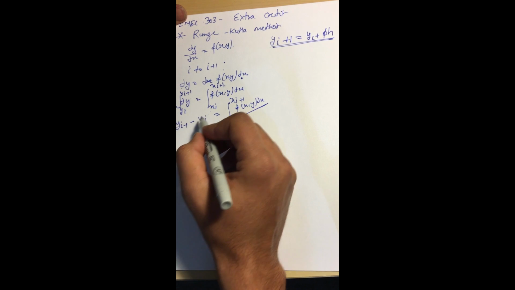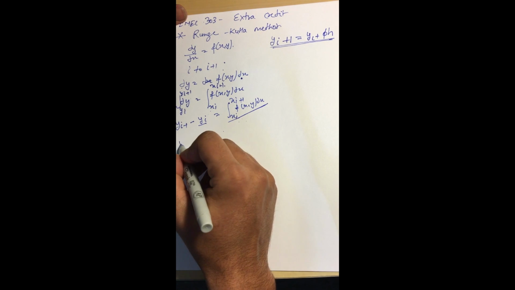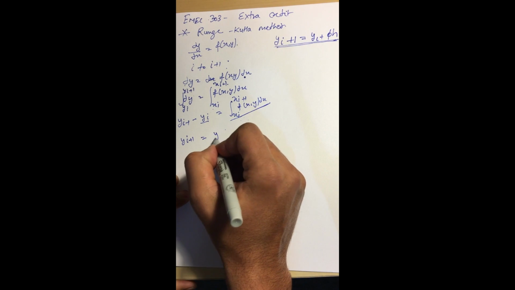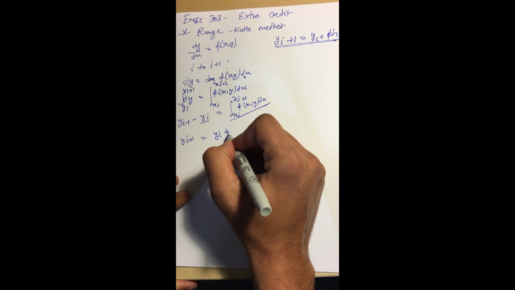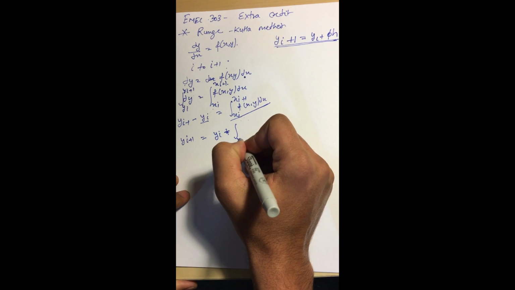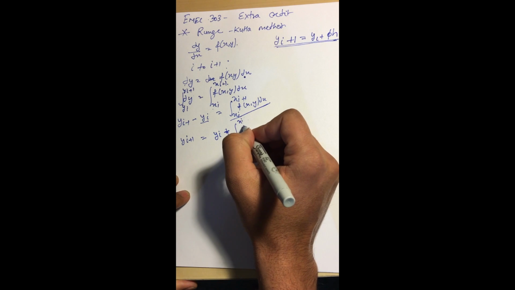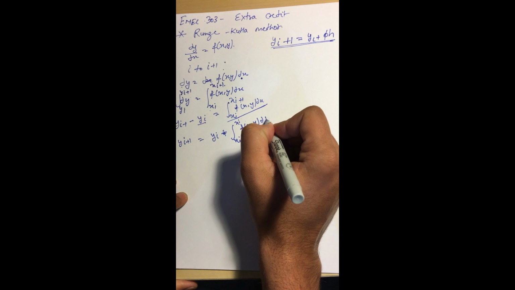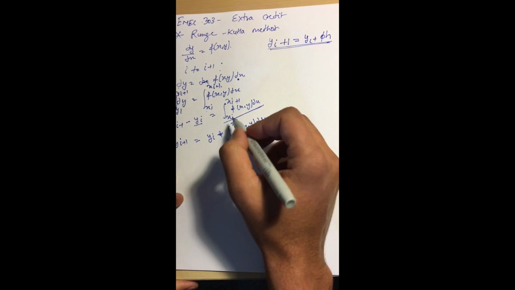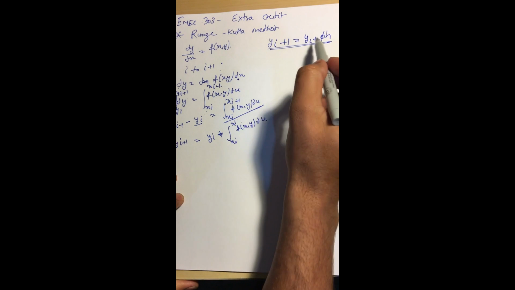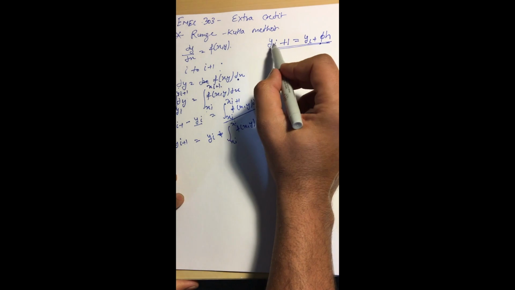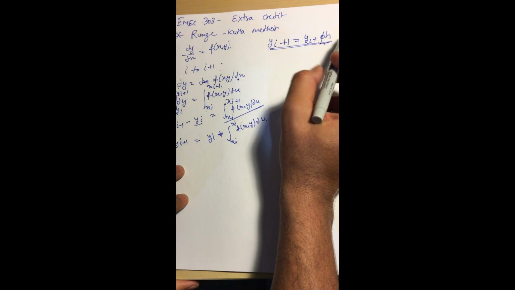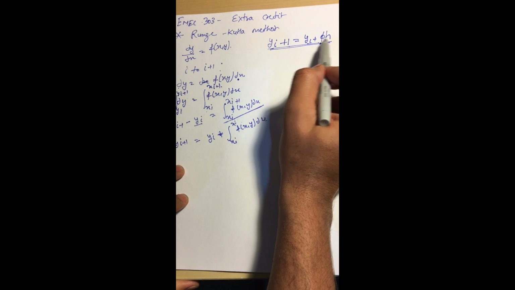So we can write y_{i+1} equals y_i plus the integral of f(x, y) from x_i to x_{i+1}. This term must look like this, because this is the value of our next function, which is the function plus step size times slope.